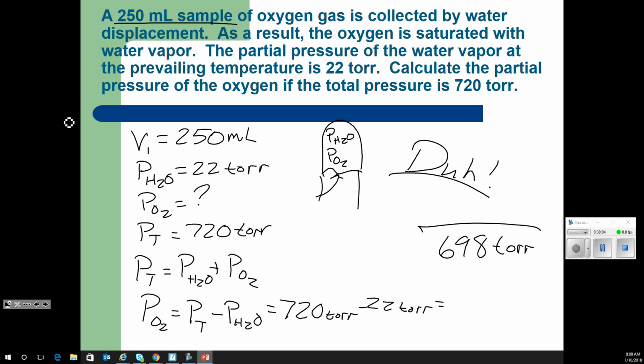Everybody okay with that? Everybody okay? So all I did was just take the pressure total minus the pressure of the water, because Dalton's law says the pressures have to add up to give me the pressure total, right? Okay? All right, going forward.